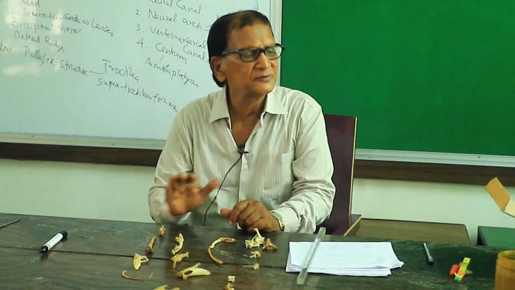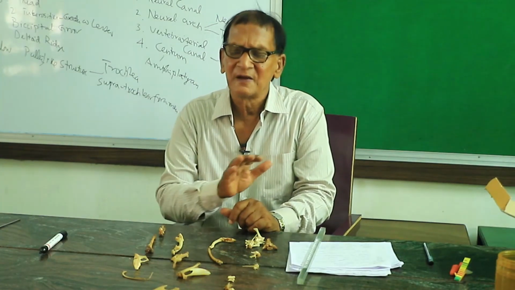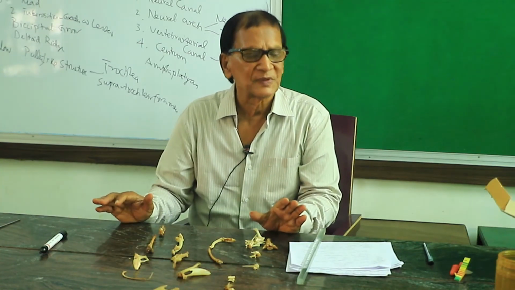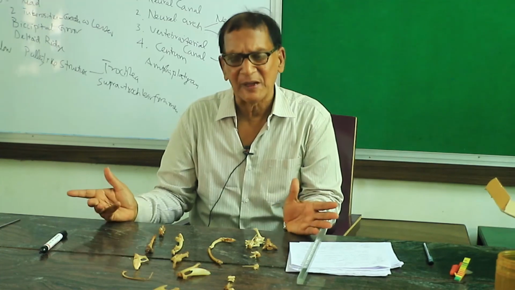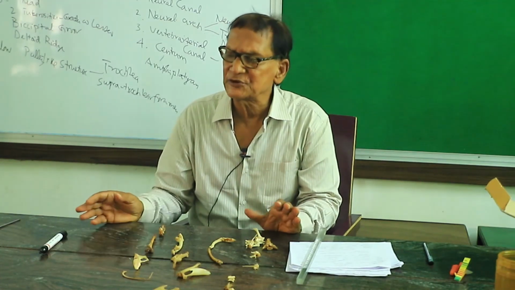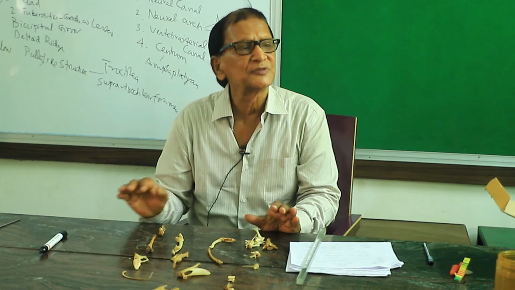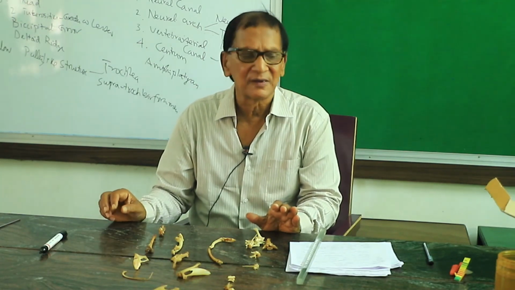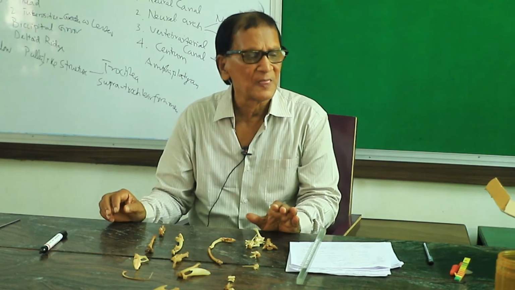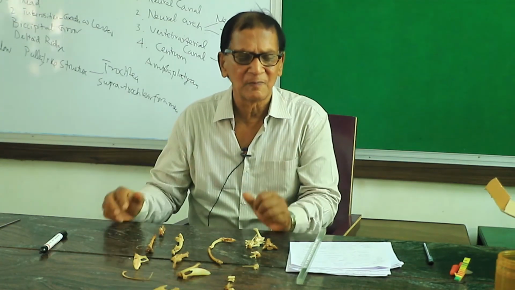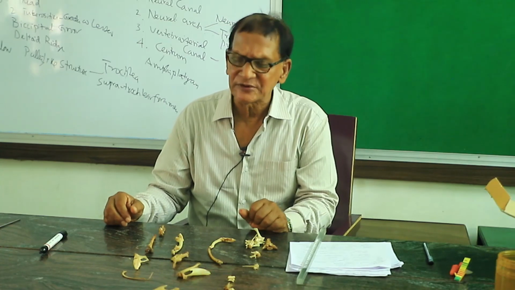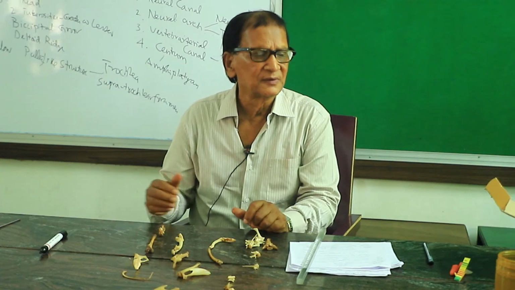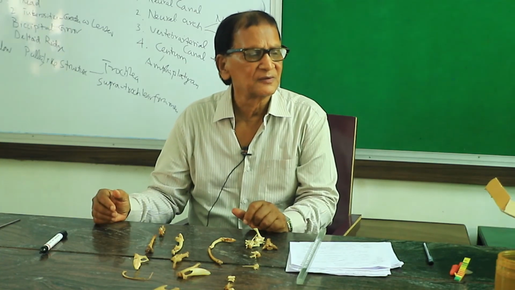So the basic plan is the same as in the rabbit, because both are mammals, both have similar divisions, similar bones. Maybe the number of these bones varies. Depending upon the size of the body, the length of the bones will vary.